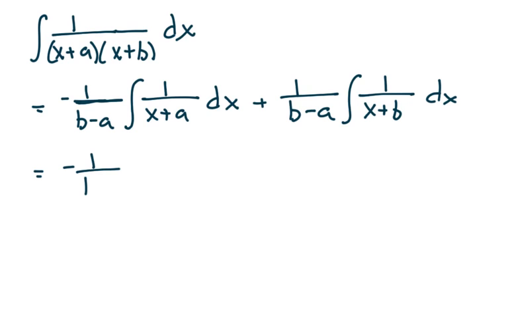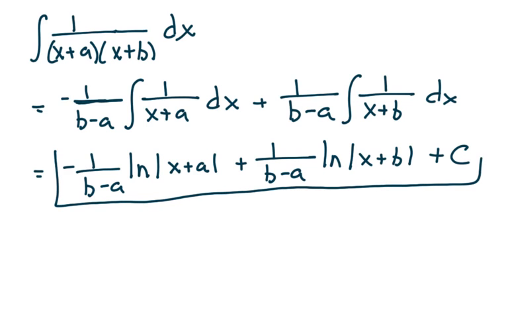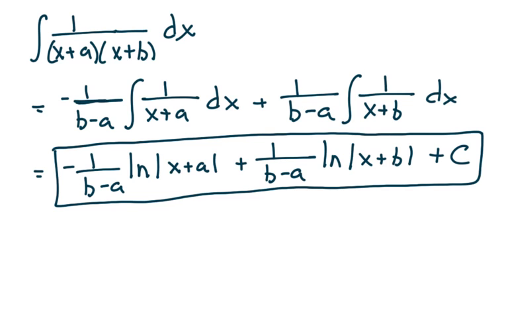So this is negative 1 over b minus a natural log of x plus a plus 1 over b minus a natural log of x plus b, and then I'm going to add C, my constant. And that would be how you do this example.